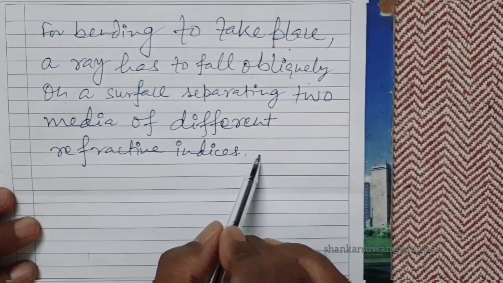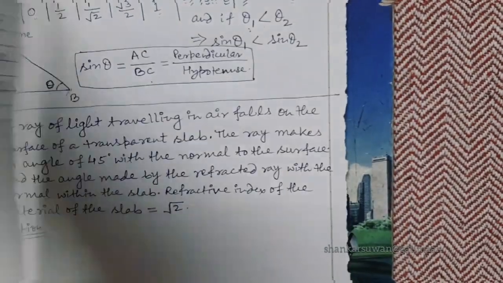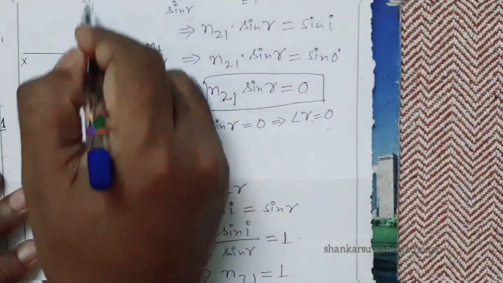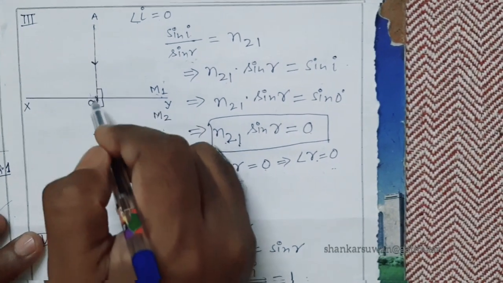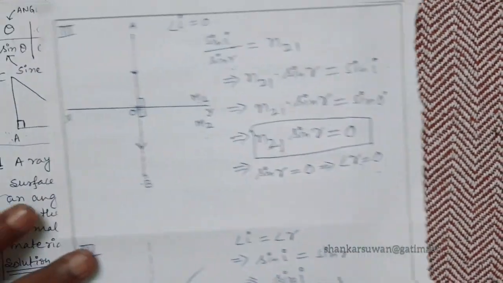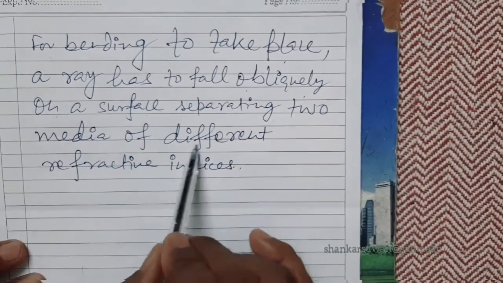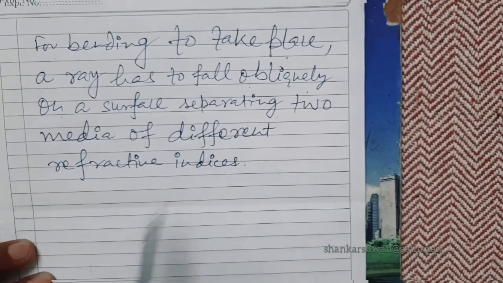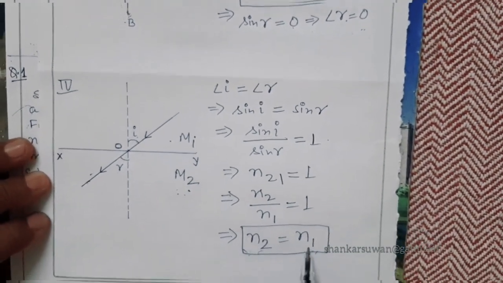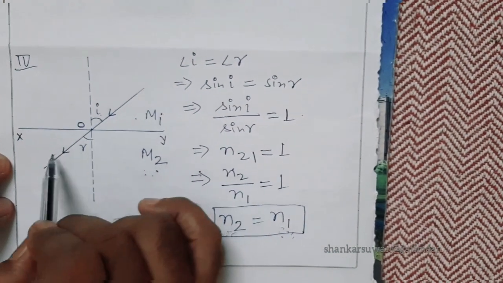If the ray is not falling obliquely, then it may fall like this, along the normal AO. Then in this case, there will be no bending. Or if the refractive indices are not different, if they are the same, then there will also be no bending.